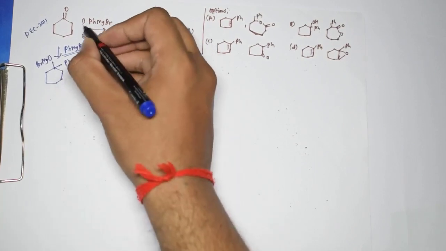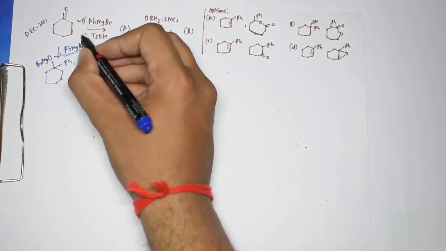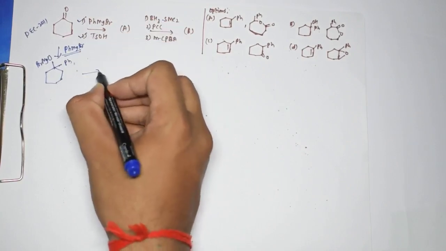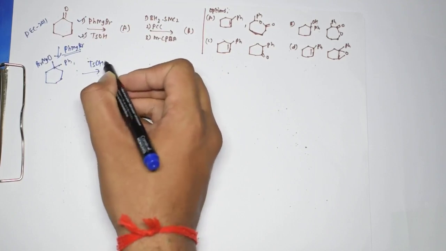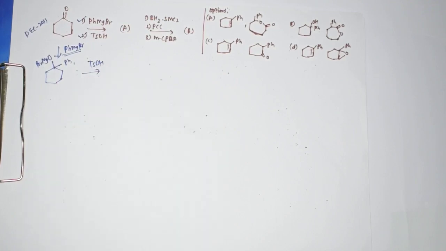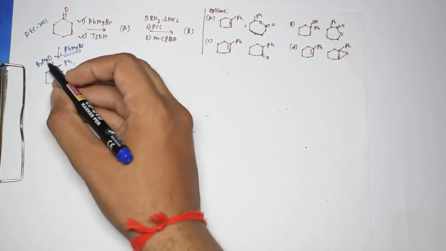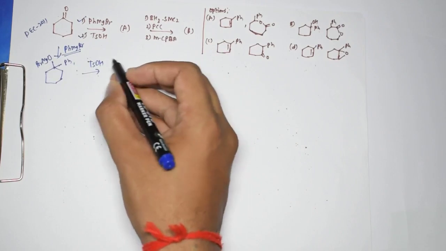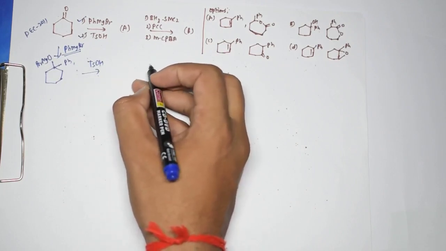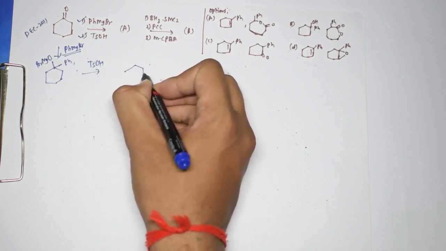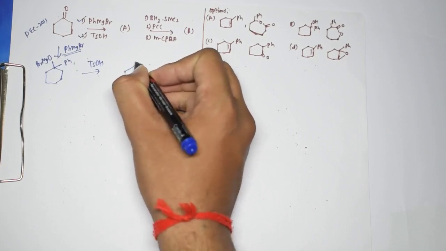After this, in the next step, this is the first step which we completed over here. In the next reagent what we have used is TsOH, right. So, this OMgBr which you can see over here will become OTs, and if it becomes OTs, what will be the process?